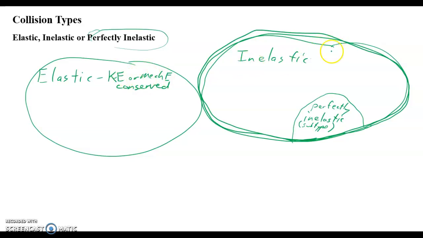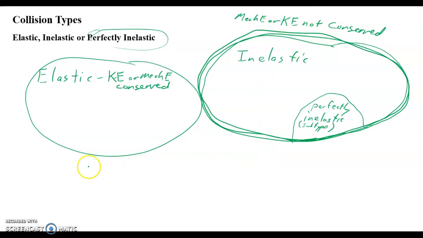And for elastic collisions, that's conserved. For inelastic, kinetic energy or mechanical energy is not conserved. These are just two different ways of saying the same thing, kinetic or mechanical. And so that means for inelastic and perfectly inelastic, energy is not conserved.